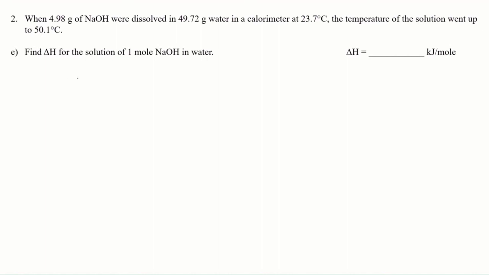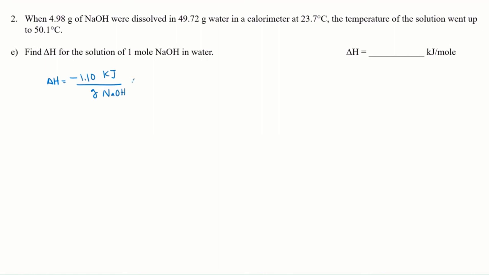The change in enthalpy, delta H, in part D was negative 1.10 kilojoules per gram of sodium hydroxide.